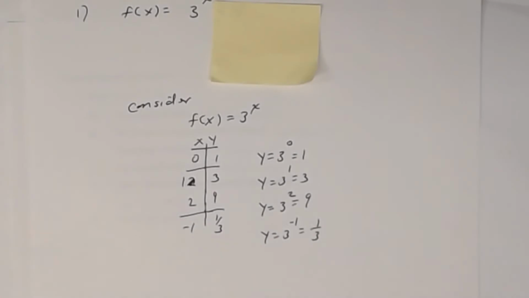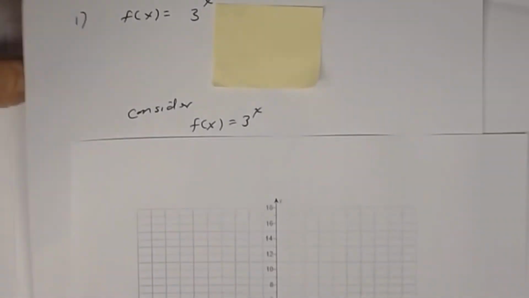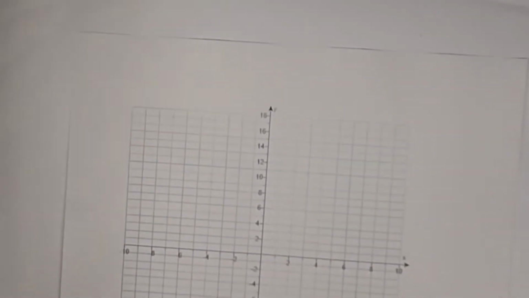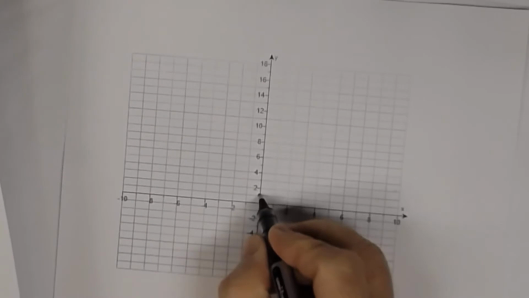And so if I look at this in terms of the graph, I want you to notice something. So I'm going to plot these 4 points on this graph. If x is 0, my y value is 1, so I get (0, 1), which is here.